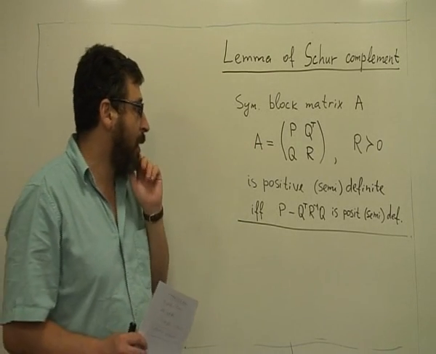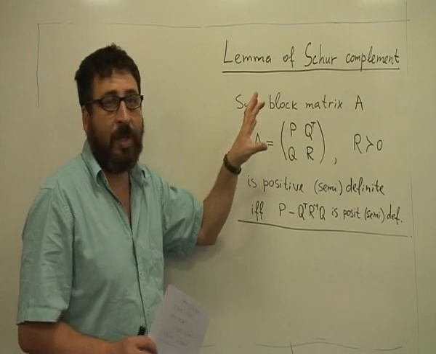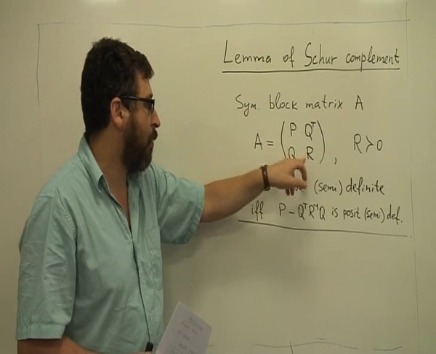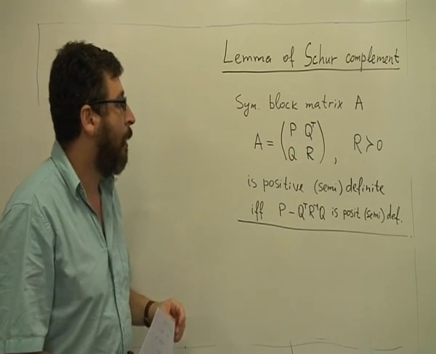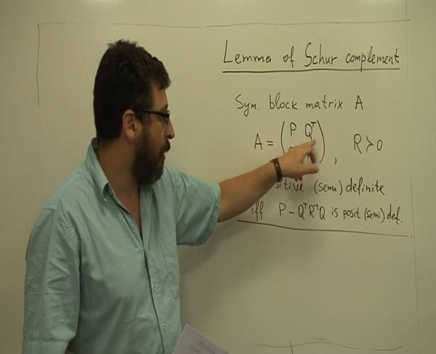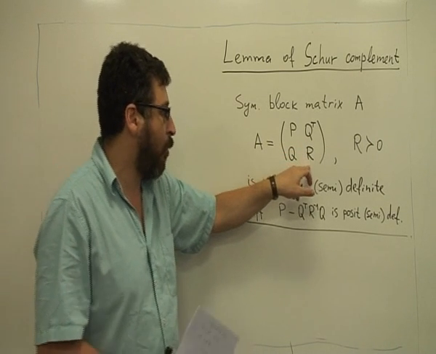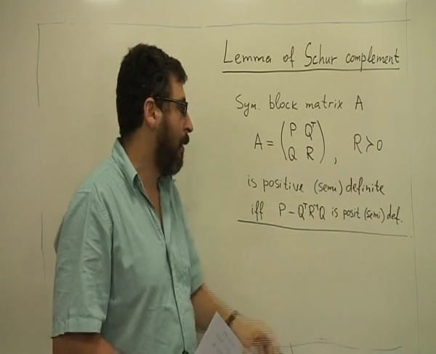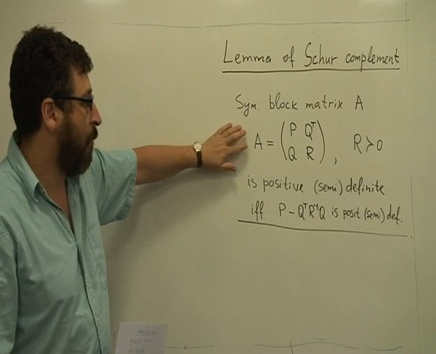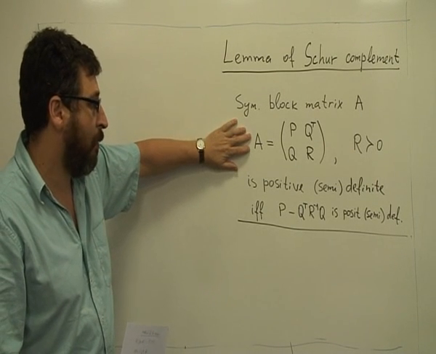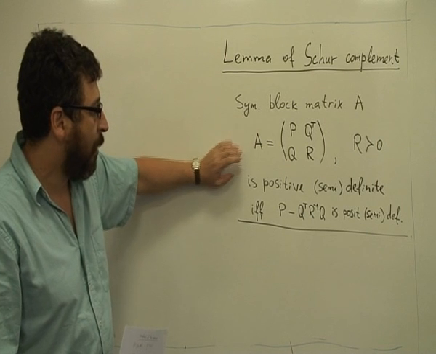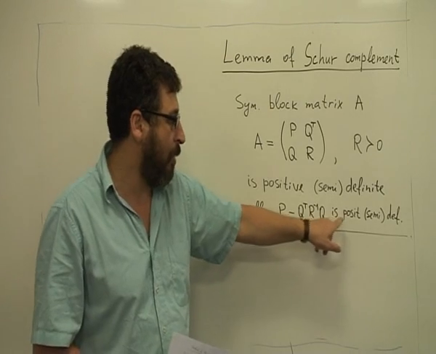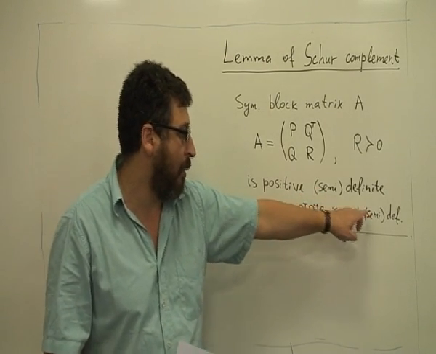So what the lemma says: if we have a symmetric block matrix, here are blocks P, Q transpose, Q, R, such that this bottom right block is positive definite, then the matrix A is positive definite if and only if this expression is positive definite, and the same for semi-definiteness.